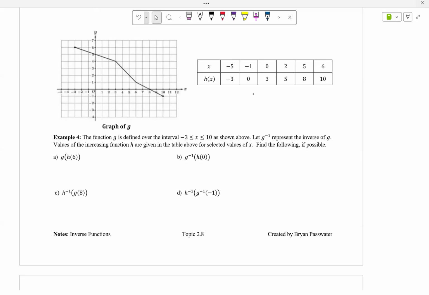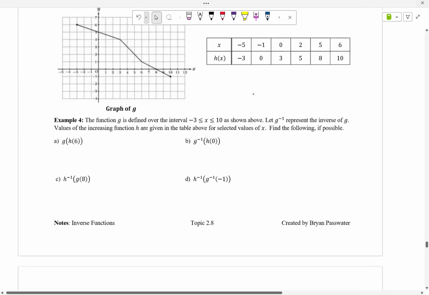Did you check your neighbor's answer for A, to make sure they're on the right track? Are we ready?